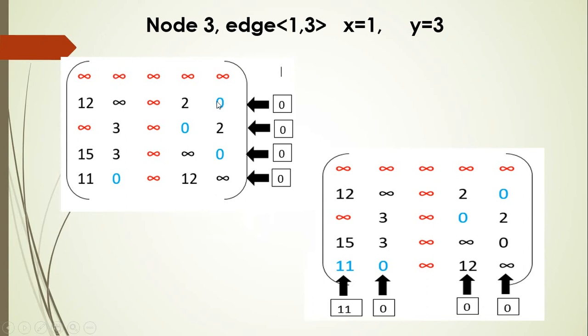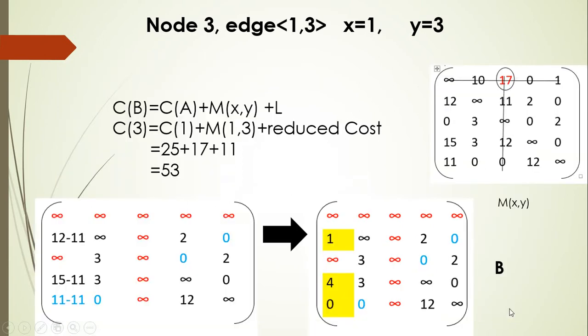Reduce rows here, again each row is 0. Check column-wise. In the first column it's 11, so we will reduce this 11 from all those values. It's 0, 0, 0.